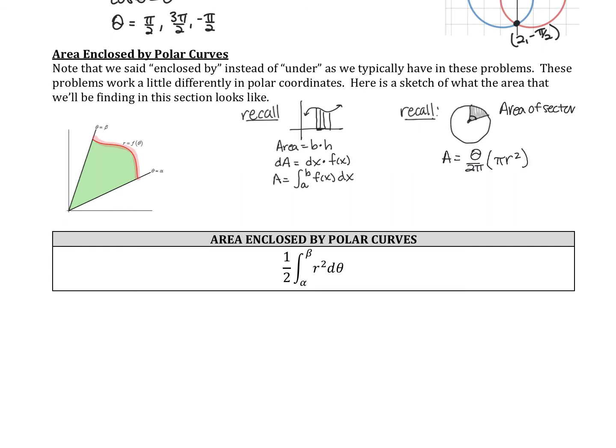That's how we found the area of a sector. Then we simplified it and said the area of the sector is 1/2 r squared times theta.